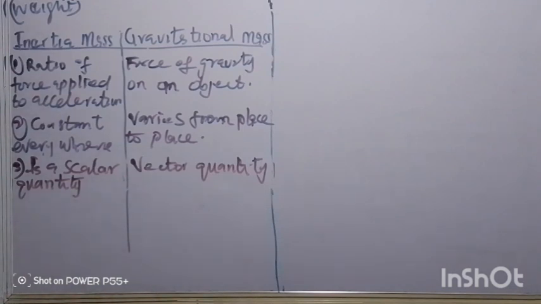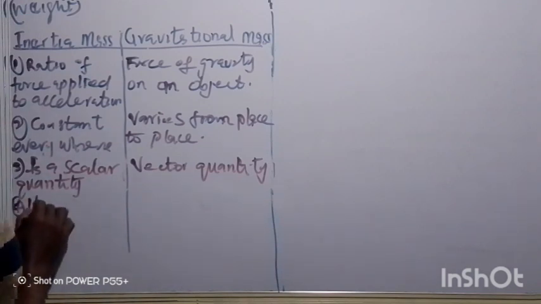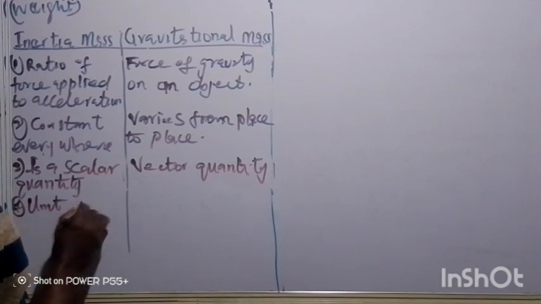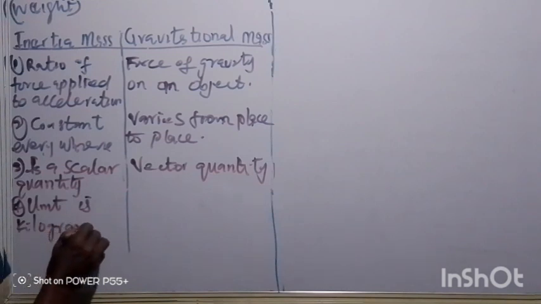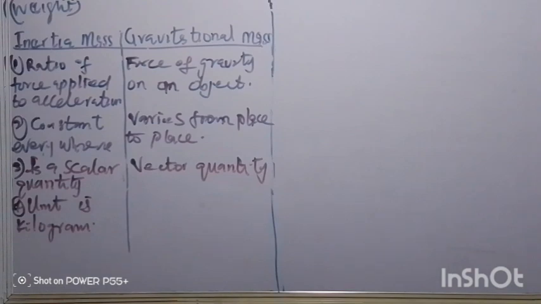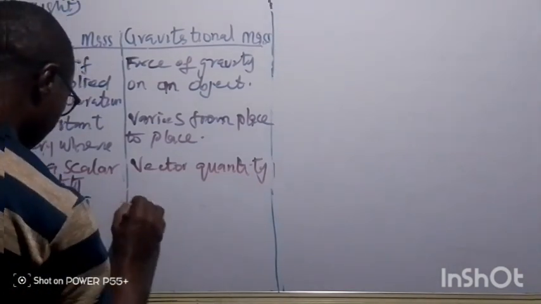Number four, the unit. The unit of inertial mass is kilogram, while for gravitational mass or weight, the unit is Newton.